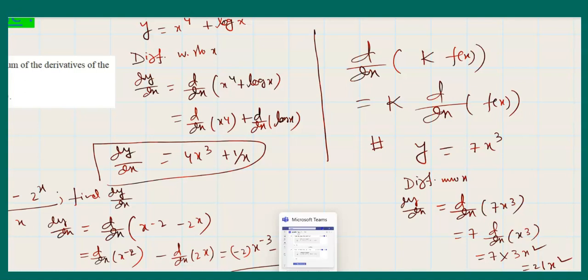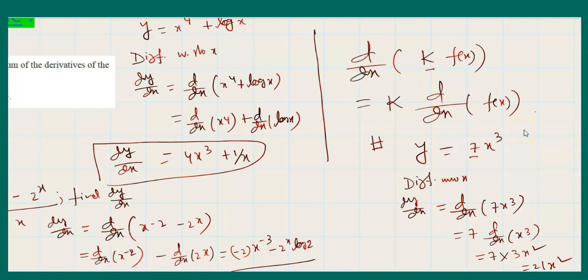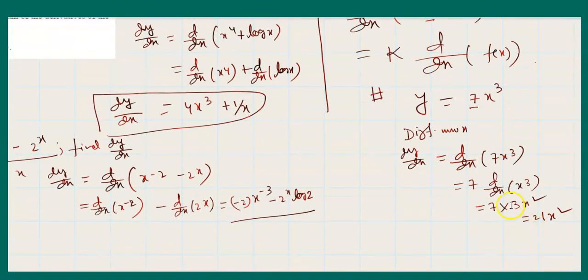What I did there, 7 is a constant, so I took 7 outside and then differentiated by the ordinary rule of differentiation. 7 outside, the d/dx of x to the power n formula I have used, so it is 7 into 3x square.